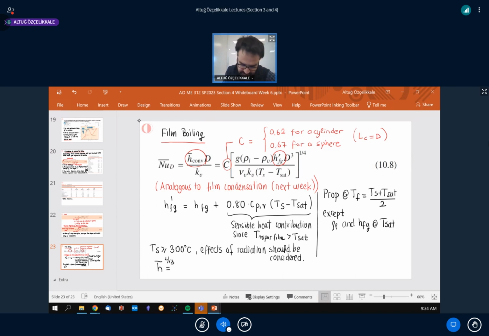So in the most general case, if you need to take radiation into account, you calculate this convection heat transfer coefficient from the correlation above, and then you calculate the radiation heat transfer coefficient in a typical way. We know that's a strong function of temperature. But in the most general sense, there's also a 4/3 parameter here.